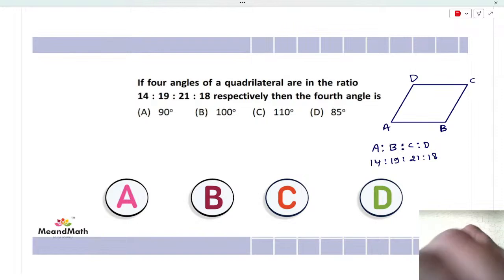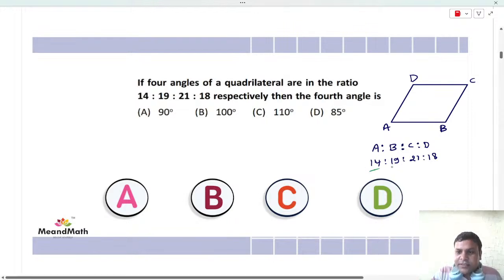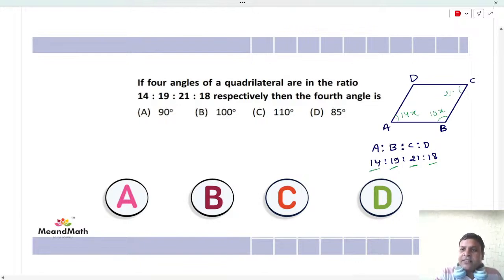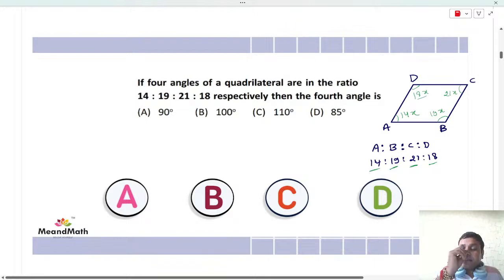So for this type of question, what you have to do? You have to first assume the angles. So we can take the angles as 14x, 19x, 21x, and 18x. So angle A is 14x, angle B is 19x, angle C is 21x, angle D is 18x. This is a scalene quadrilateral. It's not a parallelogram.